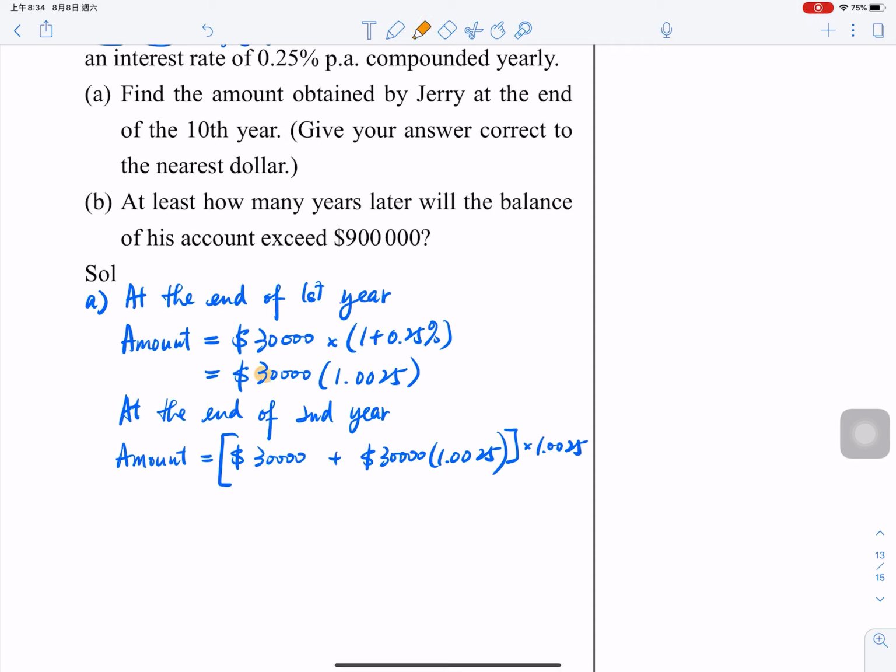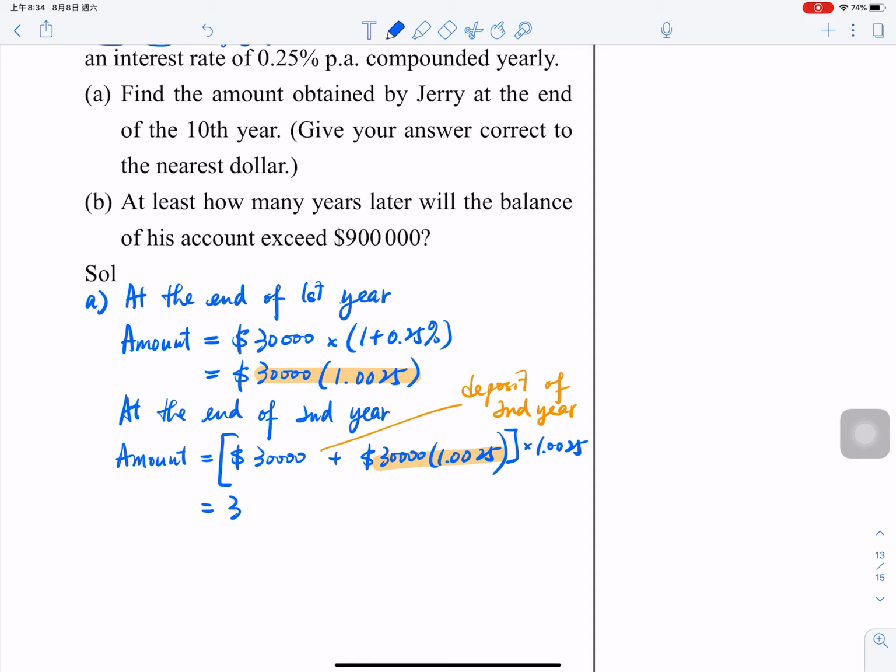That means this amount. And start from the second year, you have one more year at the end of second year. So this one plus the deposit of the second year. This one is the deposits of the second year, right? So total amount times this year. Understand?